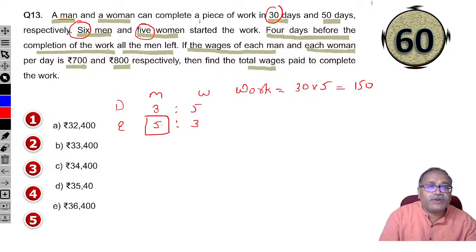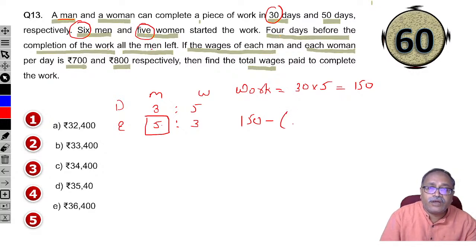4 days before completion of the work. So if I take the work done by 6 men and 5 women, then what I do is 150 minus the last 4 days. The last 4 days work done by men left, work done by women.